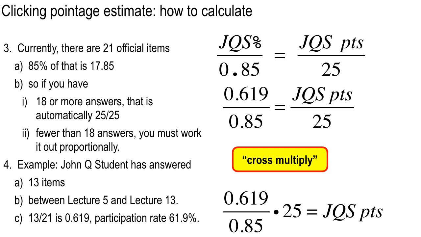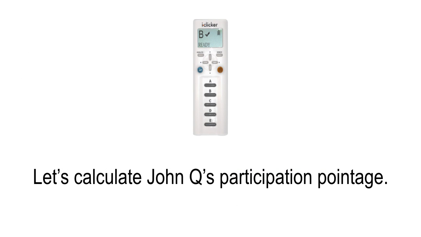Now, make sure you jot that down because I'm going to ask you a clicker question about John Q student's clicking points in just a second. So let's see if you guys can jot that down and then calculate it. Okay, so you're going to have a clicker question here, and break out your clicker if you haven't already.